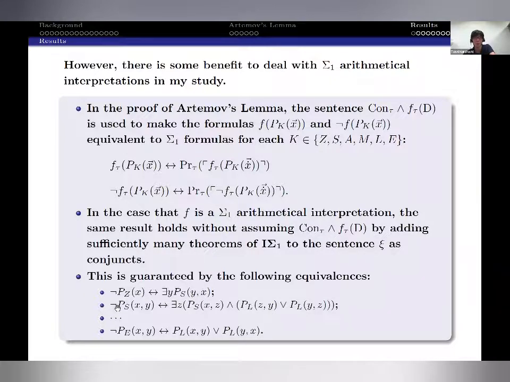And we can find such Σ1 sentences for other negations. So we can drop this sentence from the assumption in the statement of Artemov's lemma.